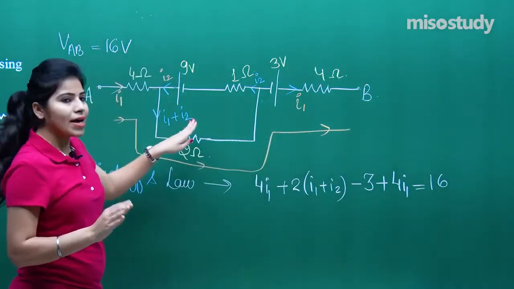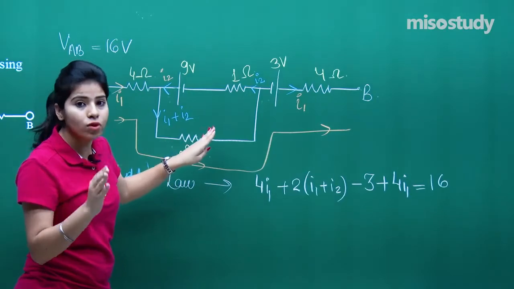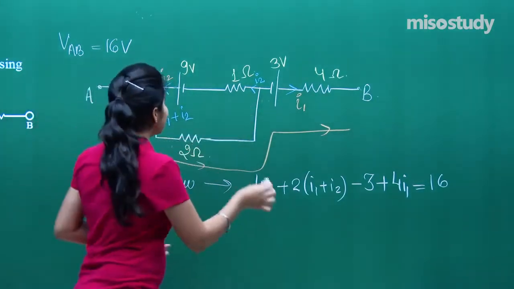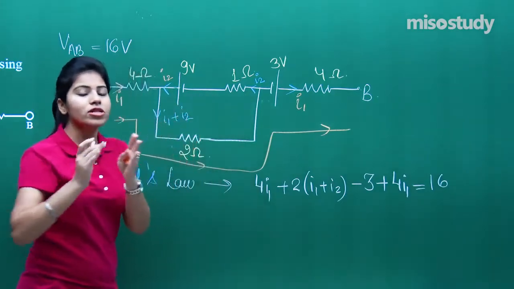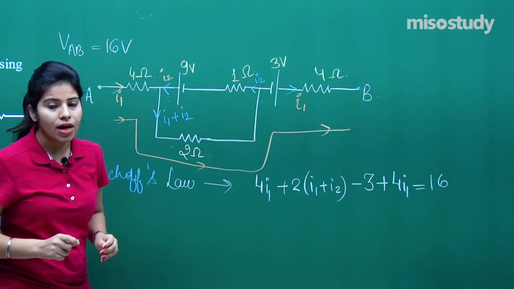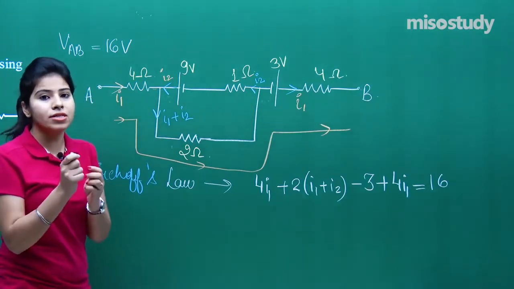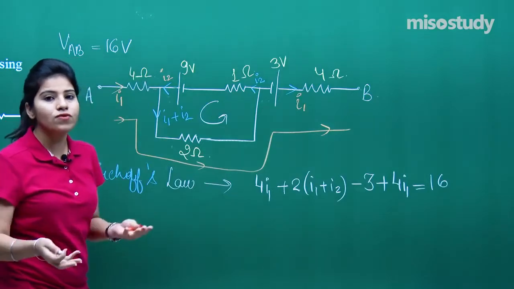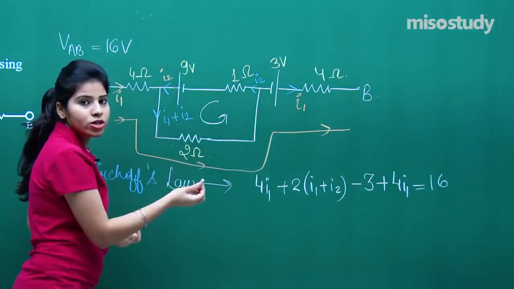Now we have to apply KVL, that means Kirchhoff's voltage law, in this particular loop. Let me consider what I have told you in the KVL. We have to consider the direction of current, and if I am supposing the direction of current like this, what will the equation become?